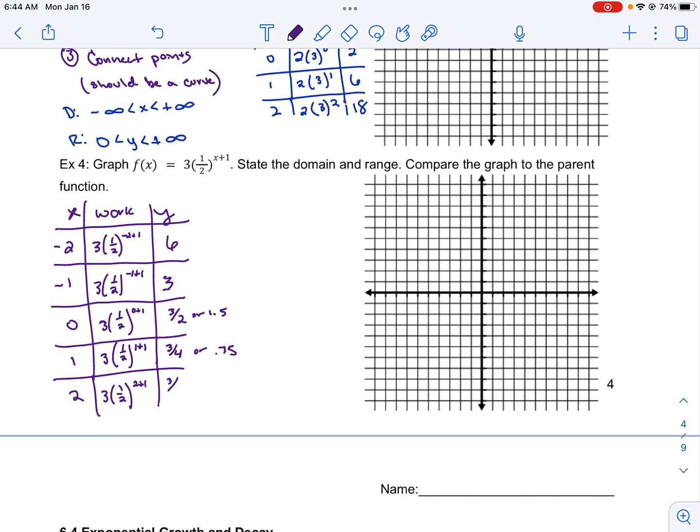On this one, we'll get 3 over 8. Okay, so -2, 6. -1, 3. 0, 1.5. 1.75. 2.375. So this graph is a decay because we're going down.